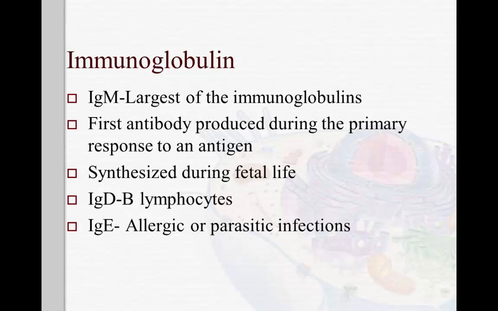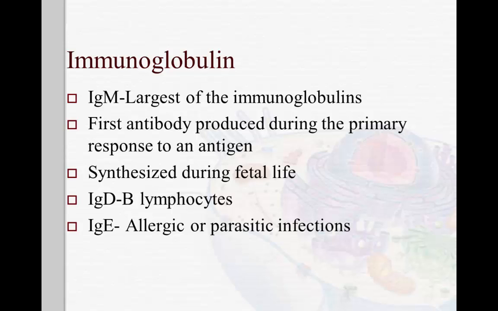And IgE signifies an allergic reaction. And that allergic reaction could signify anaphylaxis, could also signify parasitic infection. So these antibodies trigger immediate allergic reaction, that's your keyword, allergic, and parasitic infections will also activate the production of IgE.